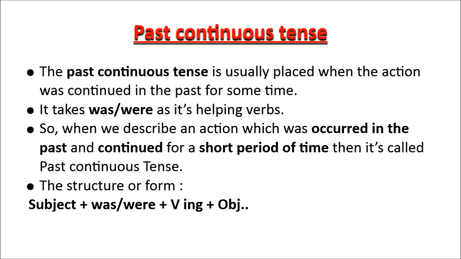So what they're trying to tell is, if the verb describes an action which occurred in the past and continued for a short period of time, not a continuous process till the present, but a short period of time, then it is called a past continuous tense. Clear? So I have given the structure for the past continuous tense. Look at the structure. Subject plus was or were plus verb ing form plus object. Understand?